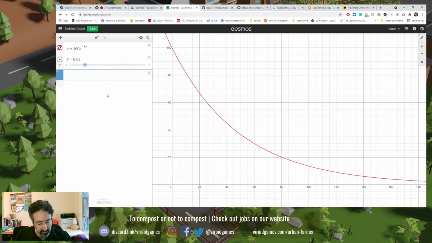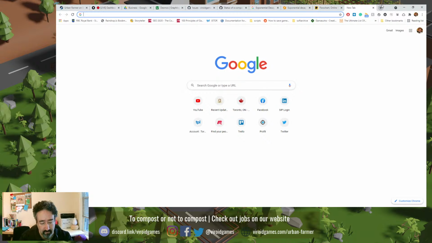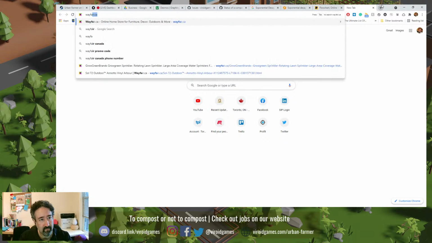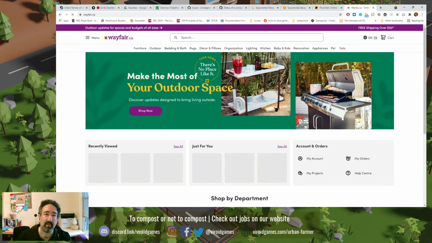So let's do a water equation. Now the water equation, I think that will go by liter. Here's actually what I want to find out. The Wayfair website has cost unit.